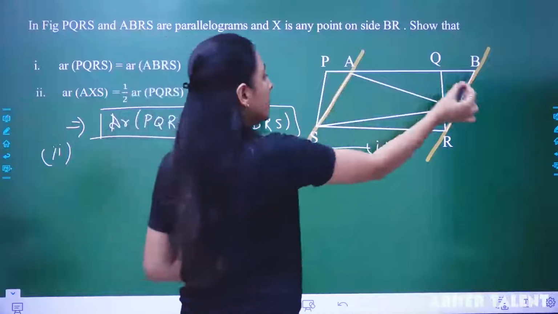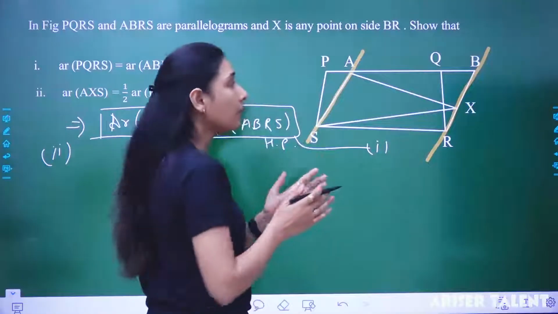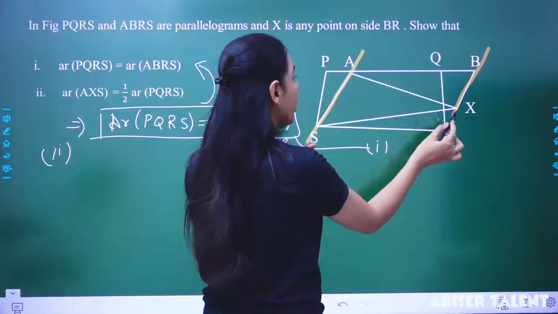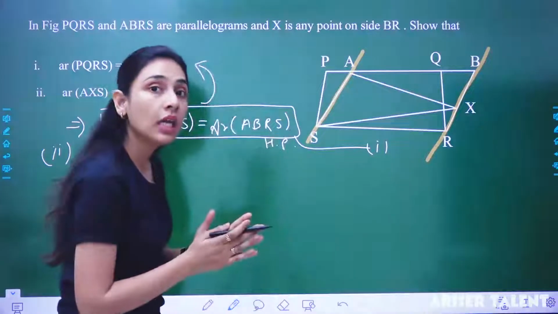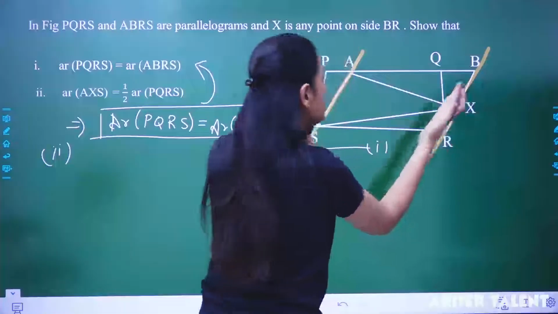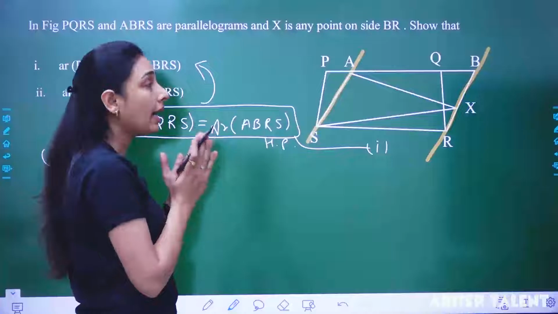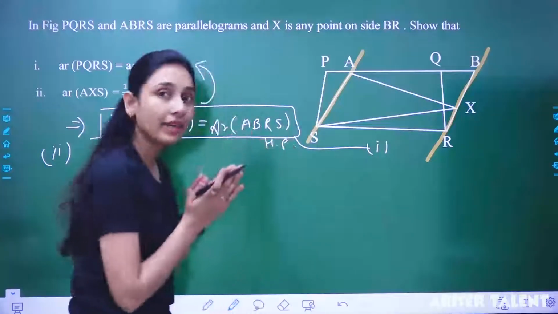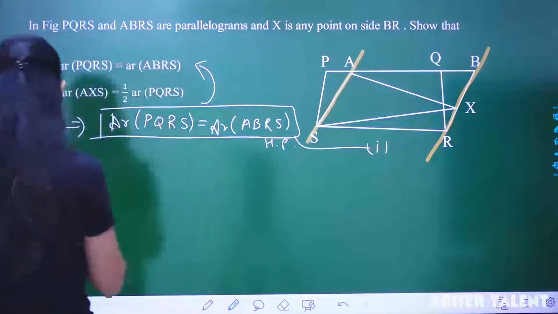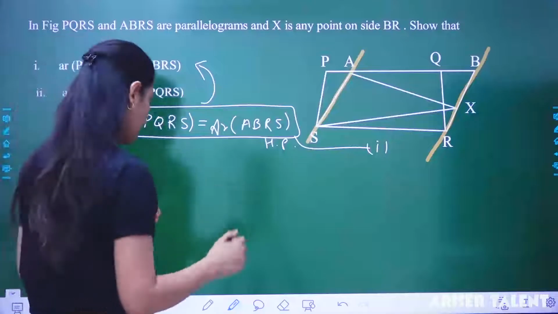Again, ABRS is a parallelogram, and AXS is a triangle between the same parallels BR and AS and having the same base AS. So we are just going to use the area theorem again here.